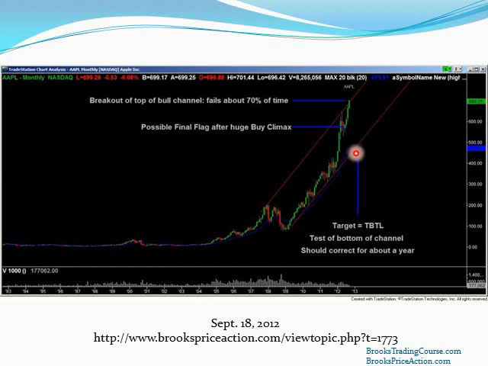And when I'm looking for corrections after failed bull breakouts of bull channels or failed bear breakouts of bear channels, as a guideline, I expect the market to correct for about 10 bars and 2 legs. And 10 bars on the monthly chart is about a year. So at the time, I posted this comment that I thought it would correct for about a year.